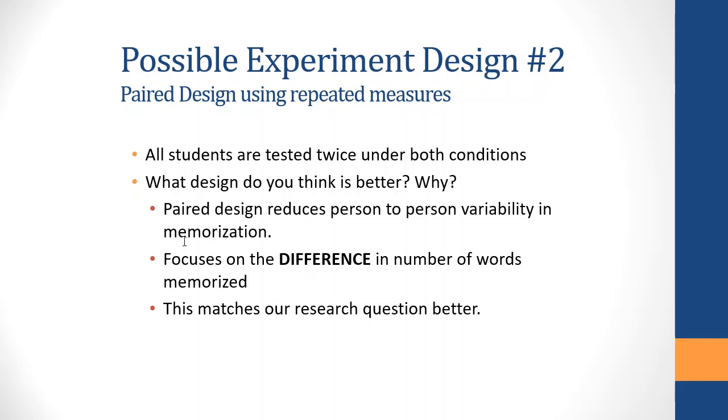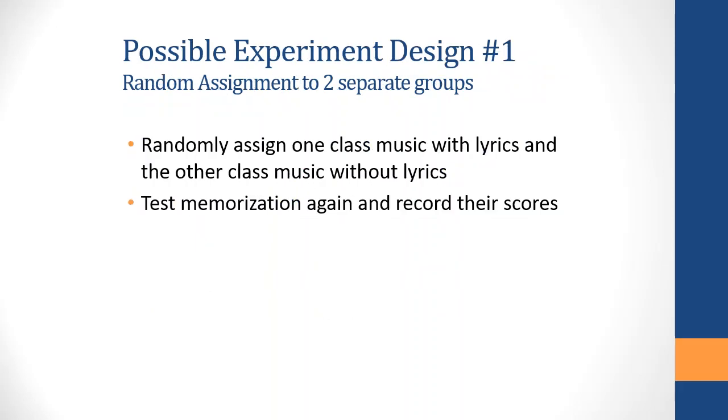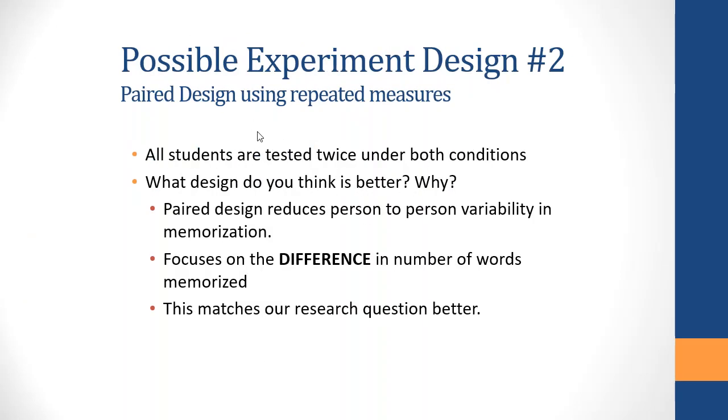And so you might actually be better able to test the difference between the two groups compared to the other design where you just had two separate groups. Because maybe just by random chance this group got all the good memorizers and this group didn't, and so there are some confounding variables there. Now, if you randomly split the people into the two groups, that would help out with that. But this paired design where the same person's tested twice focuses on the difference in number of words memorized.